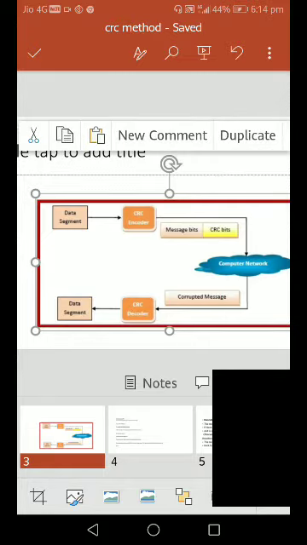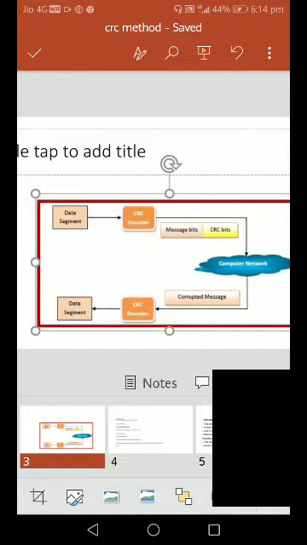In the CRC method, the data plus n zeros is divided by the divisor at the transmitting end. The block diagram can be explained in another fashion. First the data is taken and n zero bits are appended, and it is given to the divisor.